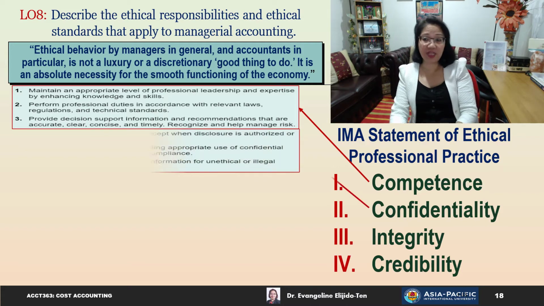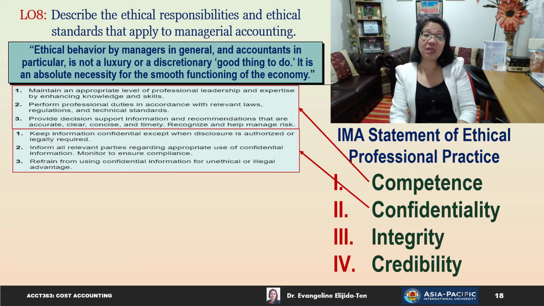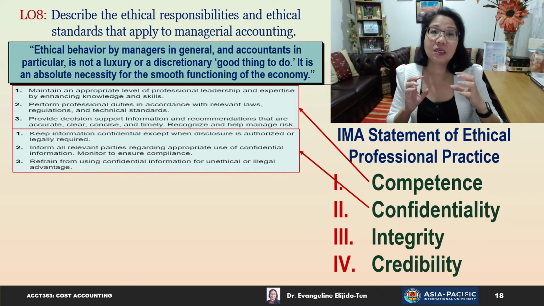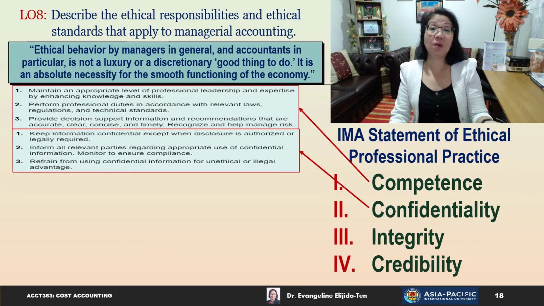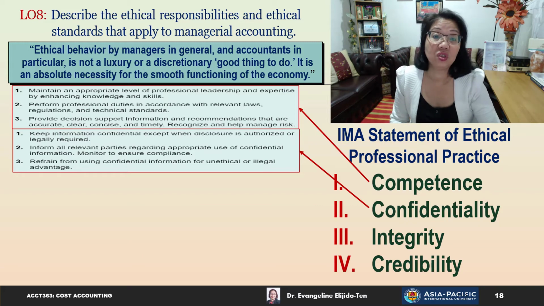What about confidentiality? Confidentiality means that as a manager or as an accountant, we keep information confidential except when its disclosure is authorized or legally required. So this means we inform all relevant parties regarding the appropriate use of confidential information, and we must refrain from using confidential information for any unethical or illegal advantage.